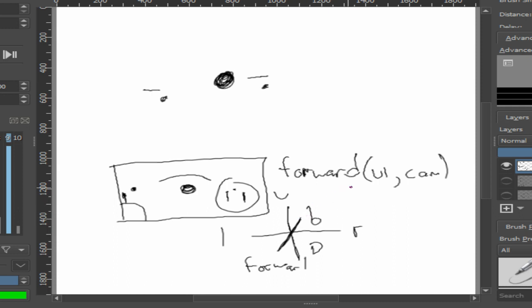So because of this line of code, forward became between whatever the UI and the camera is, and so up is now this left direction. So that's why I was seeing the planet names rotate 90 degrees. So what I did was I literally just deleted that line of code, and it works famously now.